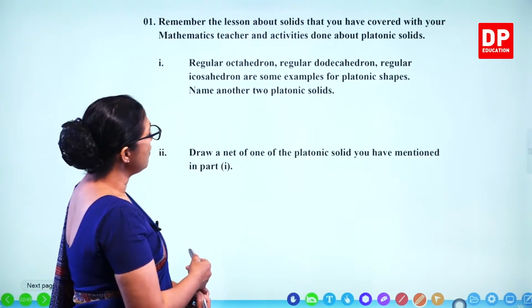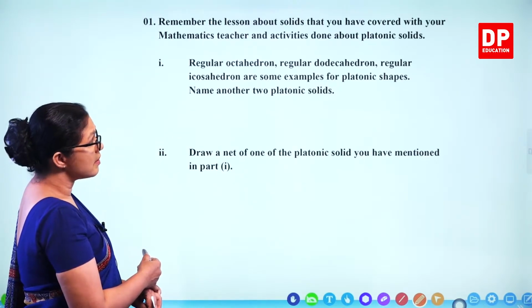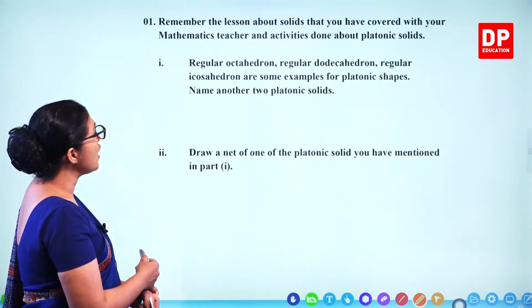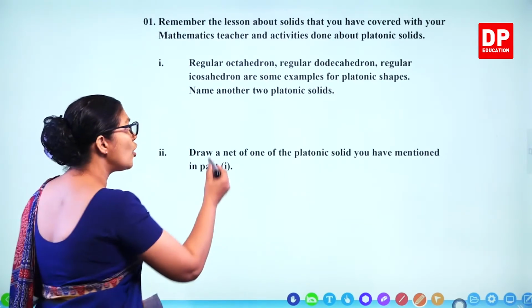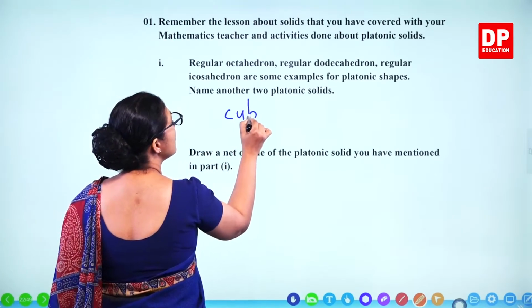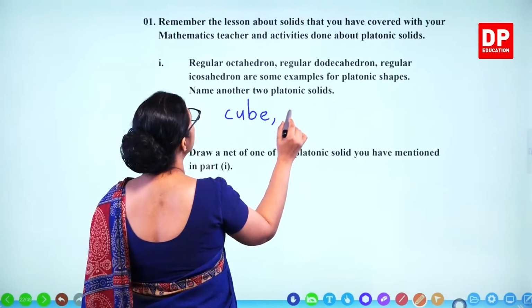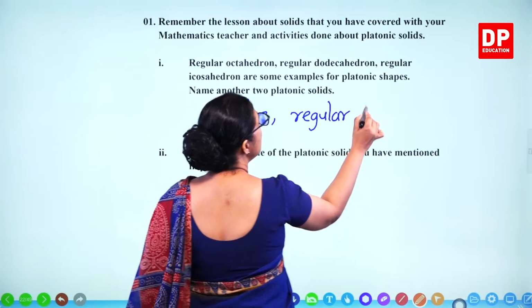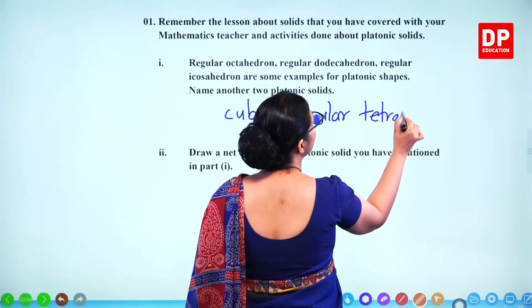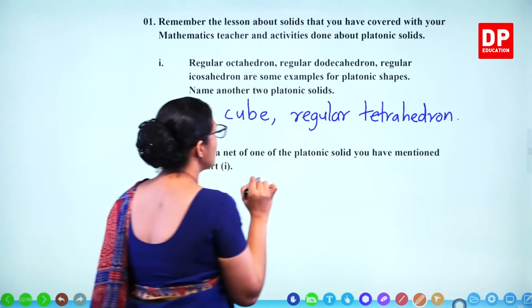Regular octahedron, regular dodecahedron, regular icosahedron are some examples of platonic shapes. Name another 2 platonic solids. Cube is a platonic solid. And then regular tetrahedron. Regular tetrahedron is another platonic solid.